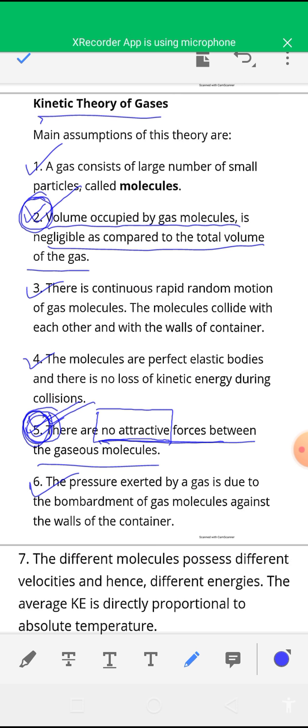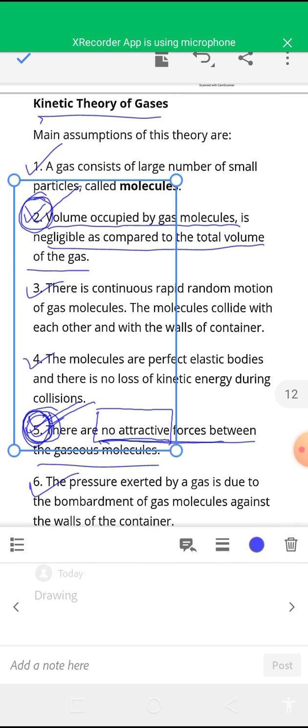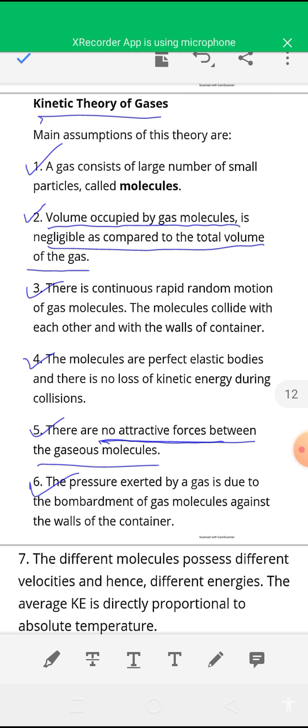These forces of attraction exist among the gas molecules. So assumption number 2 and assumption number 5 have some fault. You remember that you cannot neglect the volume of the gas as compared to the volume of the container, because gaseous molecules have some volume.